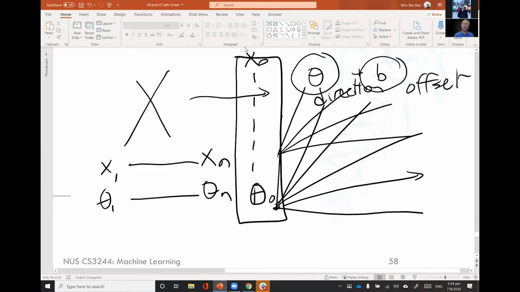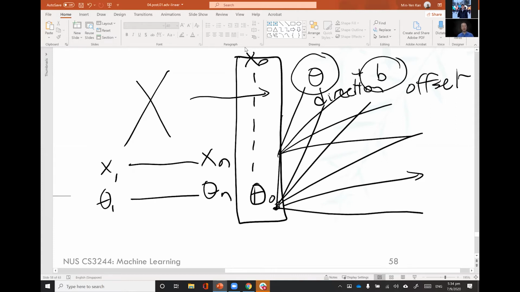If x0 is artificially always 1, then whatever value I set for theta 0 is basically my intercept, my b. It allows me to move the hyperplane off of the origin and put it anywhere I want in space.